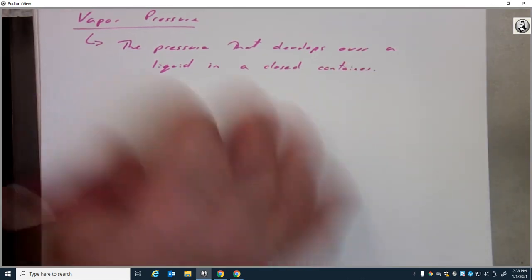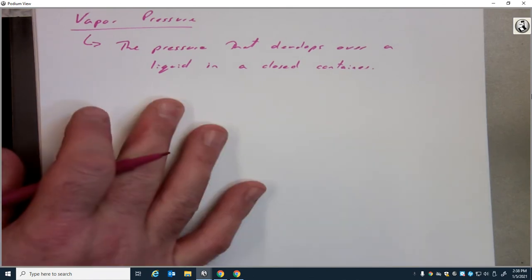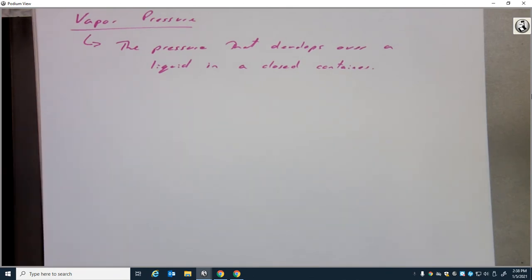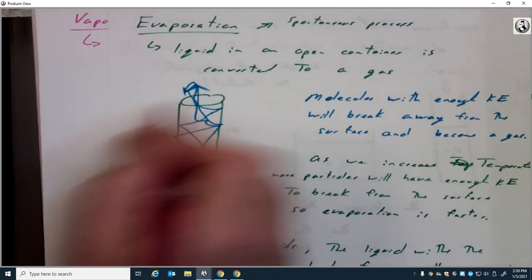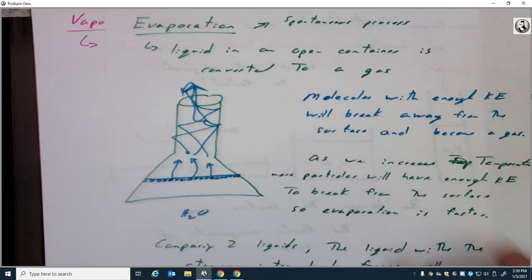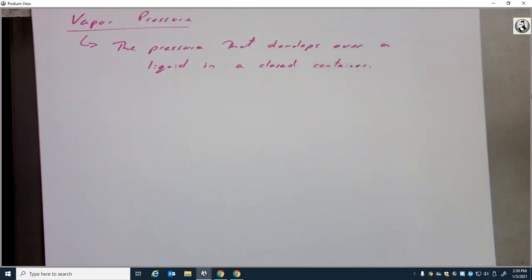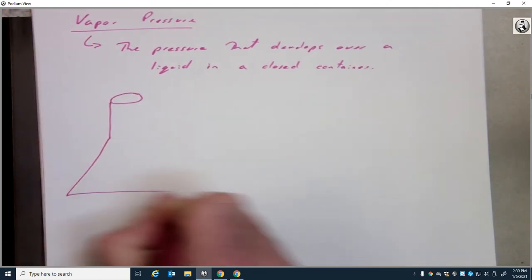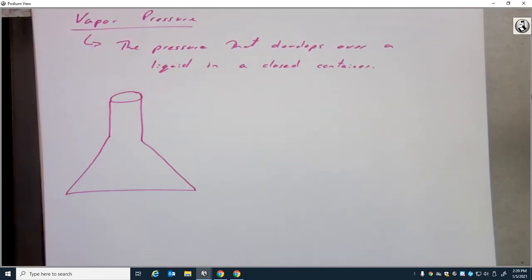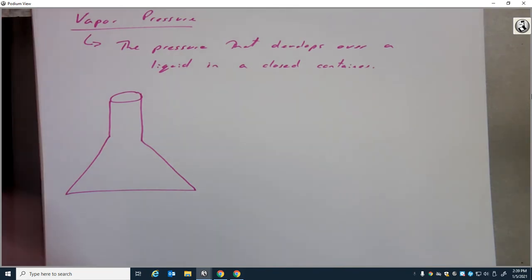What I want to do is go back to our flask that we had for evaporation. So these are the notes from last class. Right, so I want to go back to this idea right here. If we take this container, let's take an Erlenmeyer flask, and we're going to put water in there.